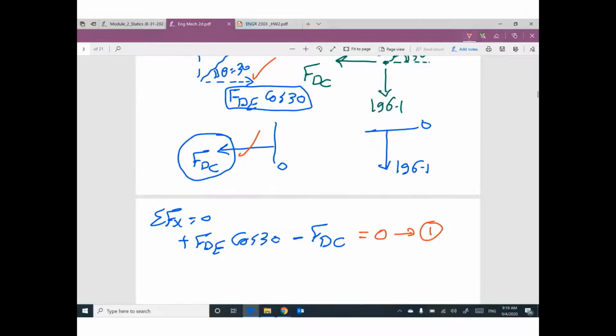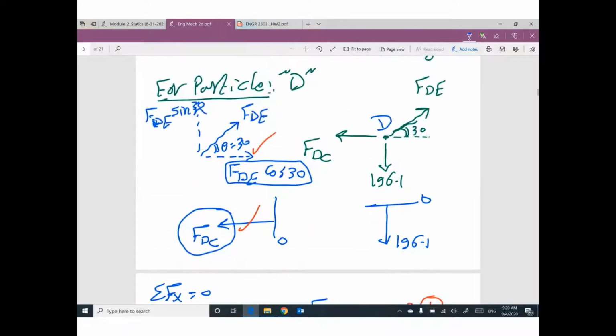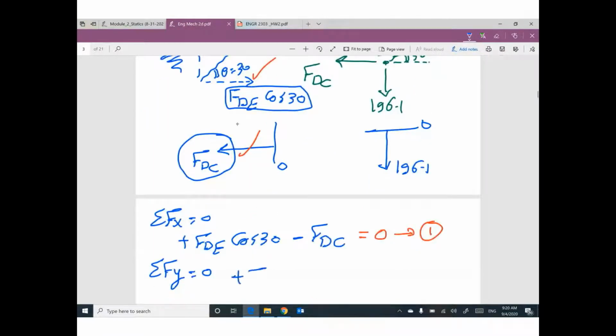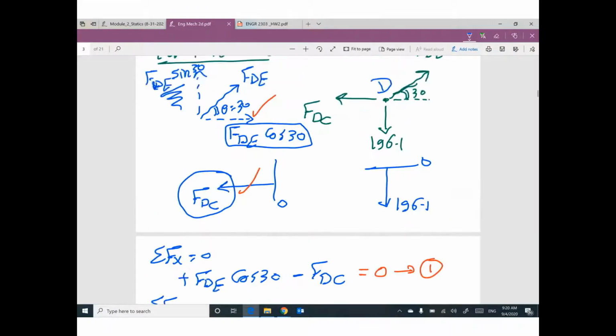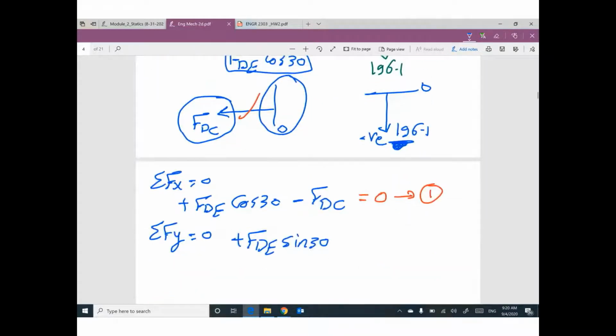Second equation, summation of all vertical components equals 0. What do you have in vertical direction? We have this component, which is positive, FDE sine 30. What else? We don't have vertical component here. We have vertical component here, which is negative, 196.1, equals 0.